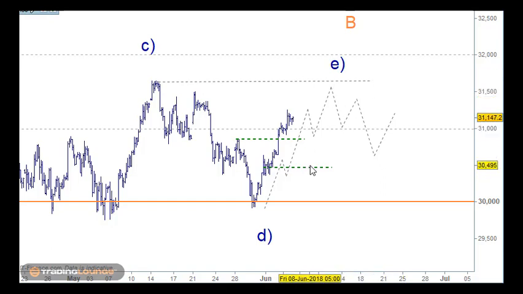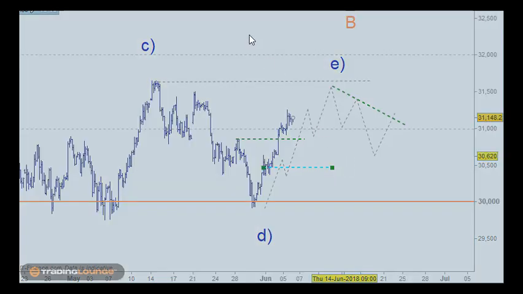It's this pullback that we can look to move into in various ways. So there's no point in going long here now, because it's just going to top here, and you're going to end up with a whole lot of anxiety if you're buying at the top of the 3rd wave there.